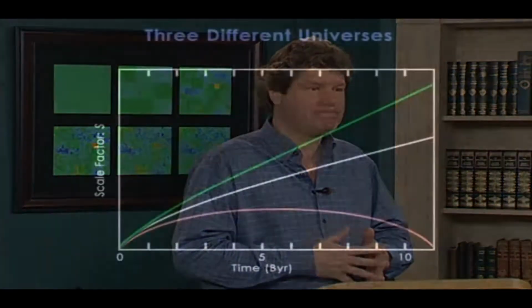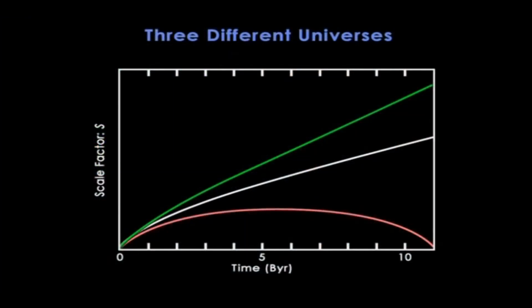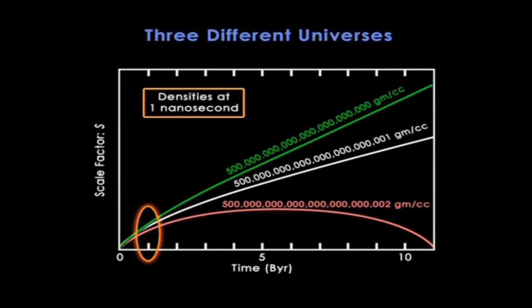Let's quickly look at the second version of the flatness problem, which looks at density rather than expansion speed. Here are the expansion curves for 3 universes that begin to diverge after about 1 billion years. But if we take each of these universes back to a nanosecond, these were their densities.